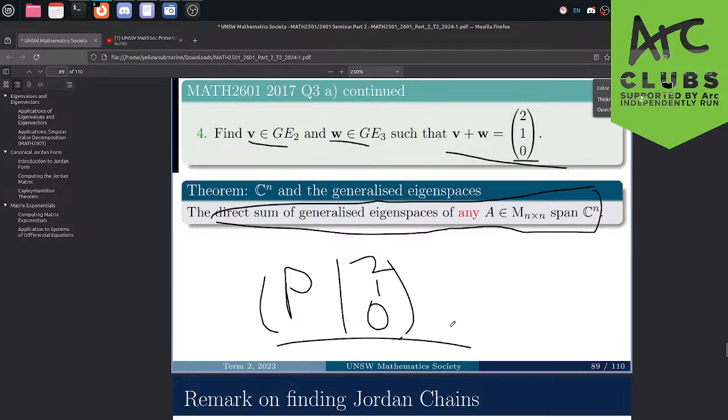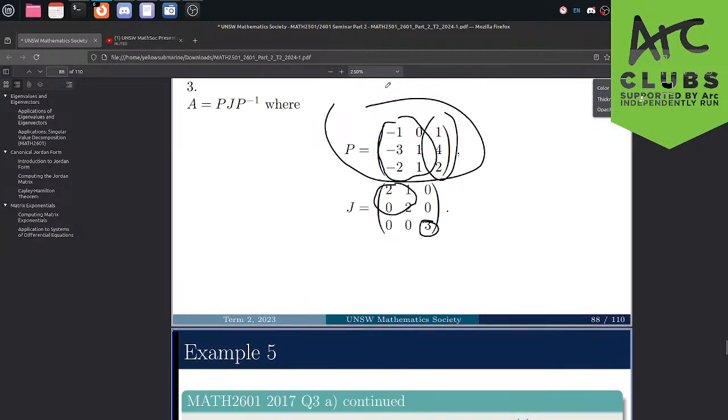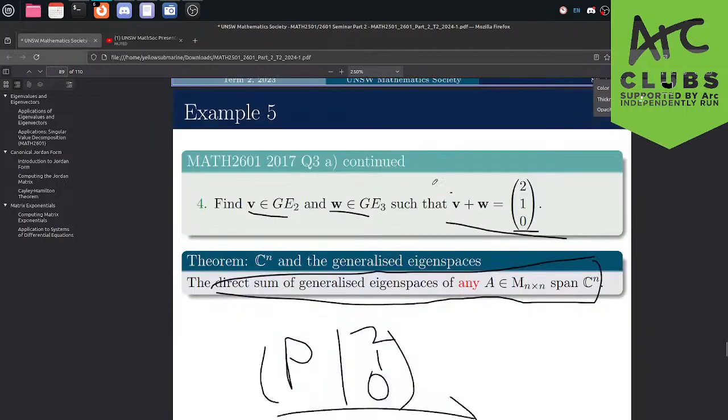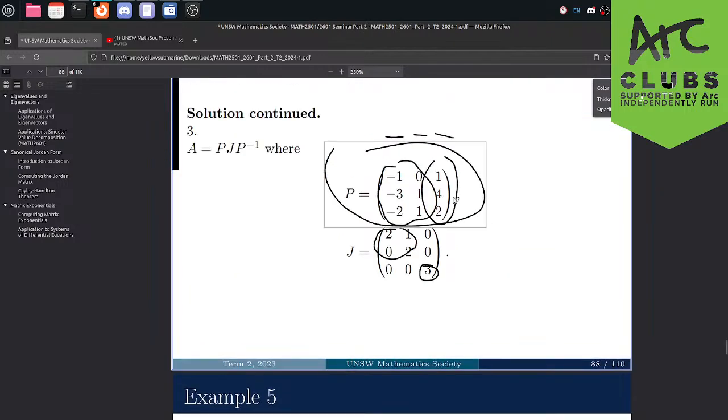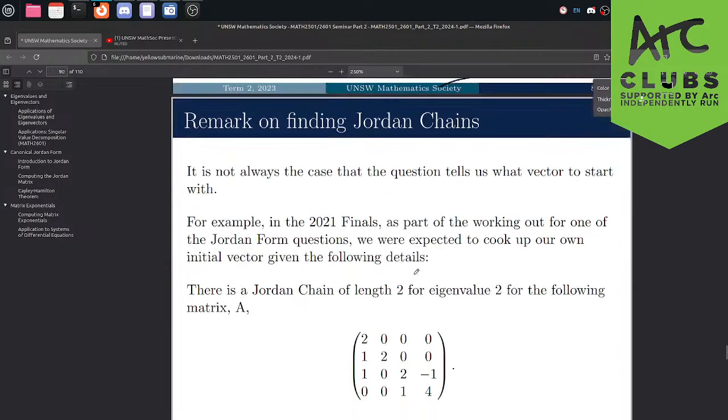So you solve this matrix equation by row reducing, and you find the linear combinations of vector 1, 2, and 3. And it asks you for V and W. So W would just be a scalar multiple of this. V would be some linear combination of these two Jordan chain vectors over here. Cool.